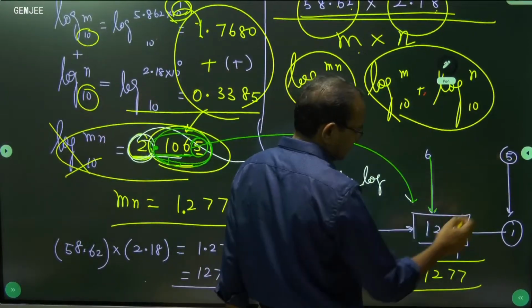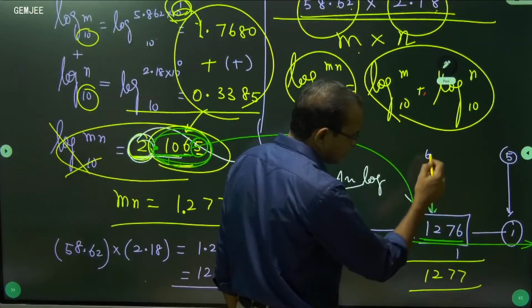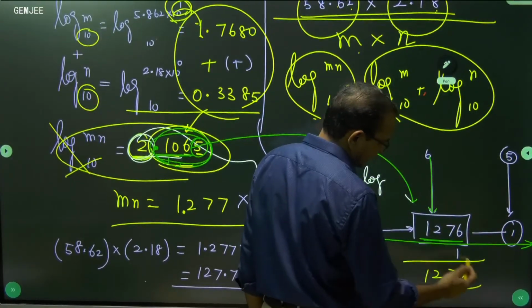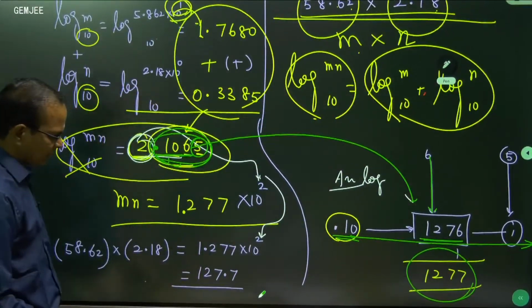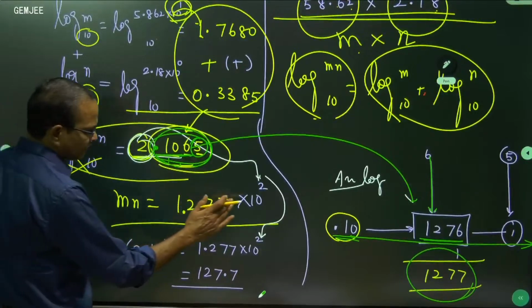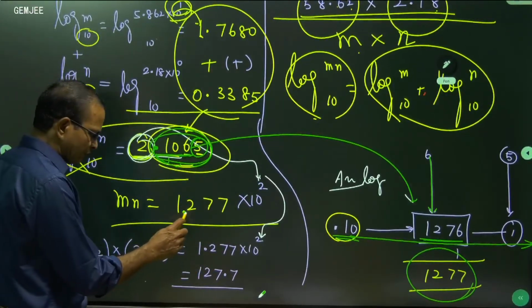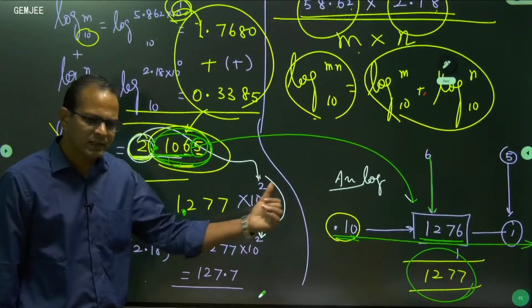It coincides with 6, and here is 1. When you add, you get 1277. So your answer is 1277 into 10 power 2, but not just 1277. You have to make it scientific form, so the exact answer is 1.277 into 10 power 2.